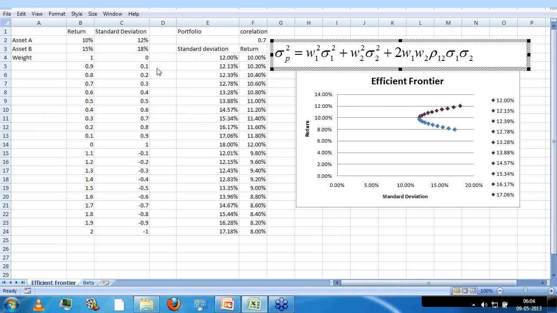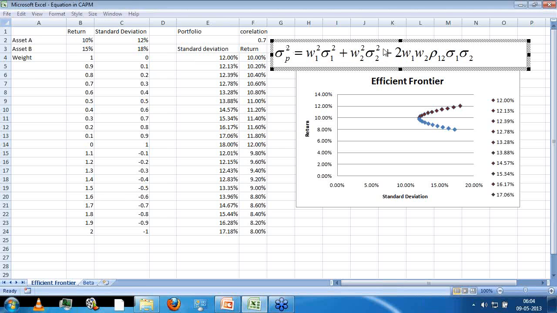For standard deviation of the portfolio, we'll use this formula that I have already discussed. I hope all of you have understood this formula. In case any of you want me to repeat this, you can put it as a question.